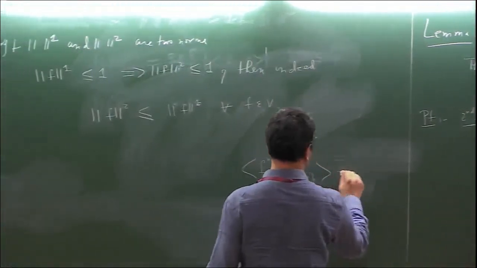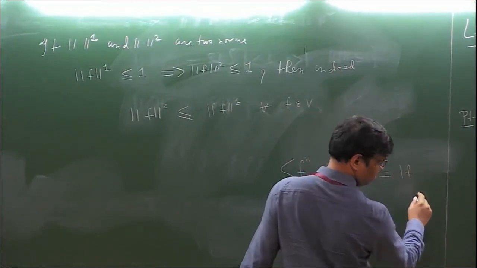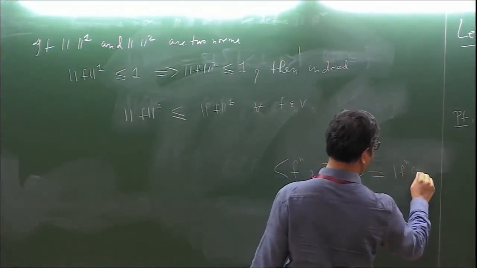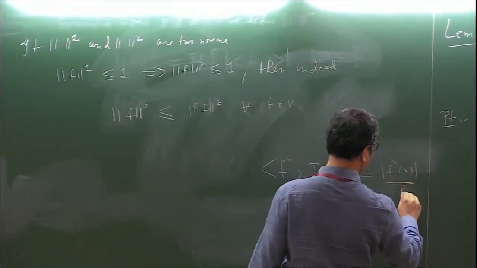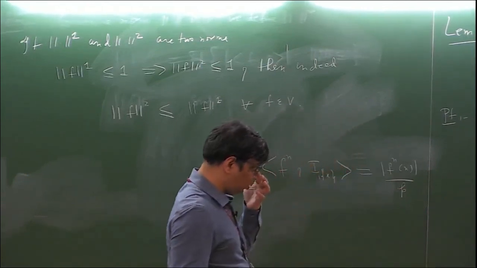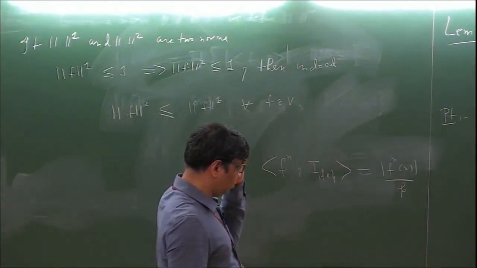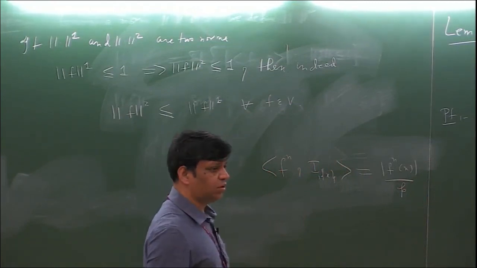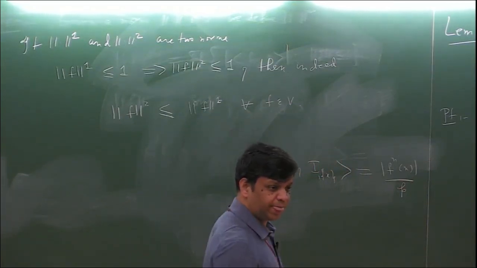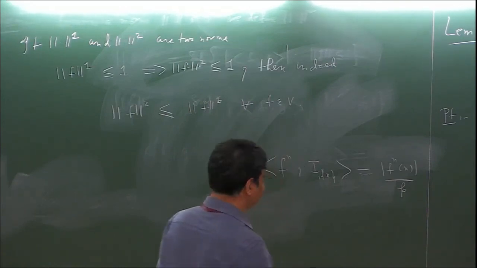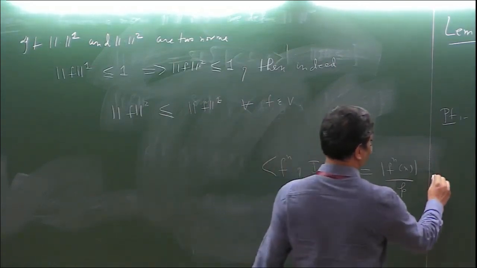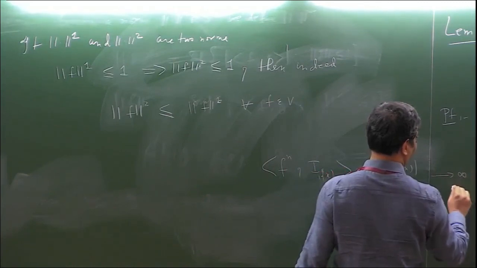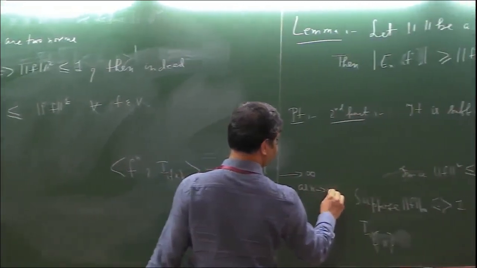This will be equal to the modulus of f to the power n of x by p. All right? And hence it tends to infinity as n tends to infinity.